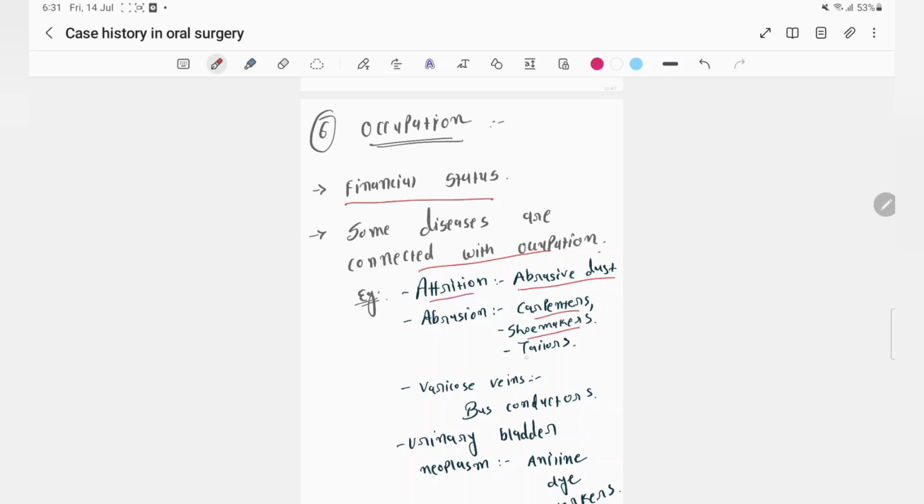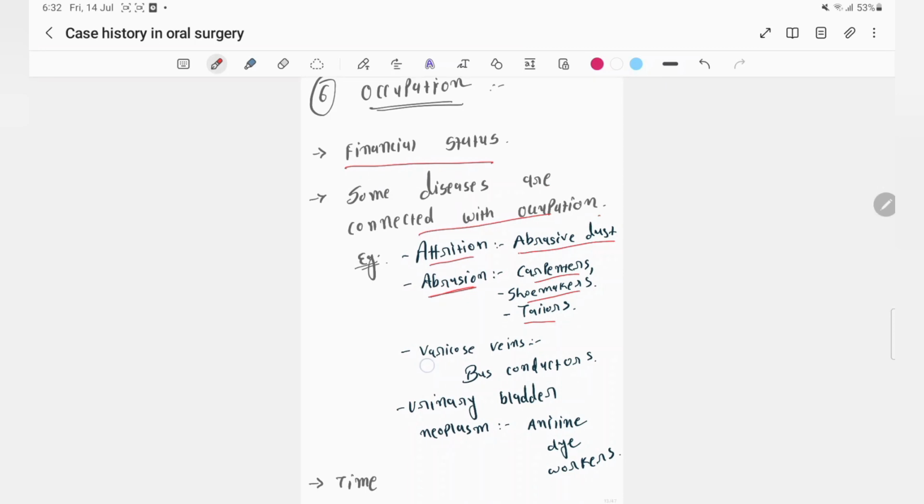Carpenters, shoemakers, and tailors have a habit of holding sharp things in their anterior teeth, so they have abrasion. Then varicose veins can be seen in occupations of long standing, for example, bus conductors. Then, urinary bladder neoplasm can be seen in aniline dye workers.